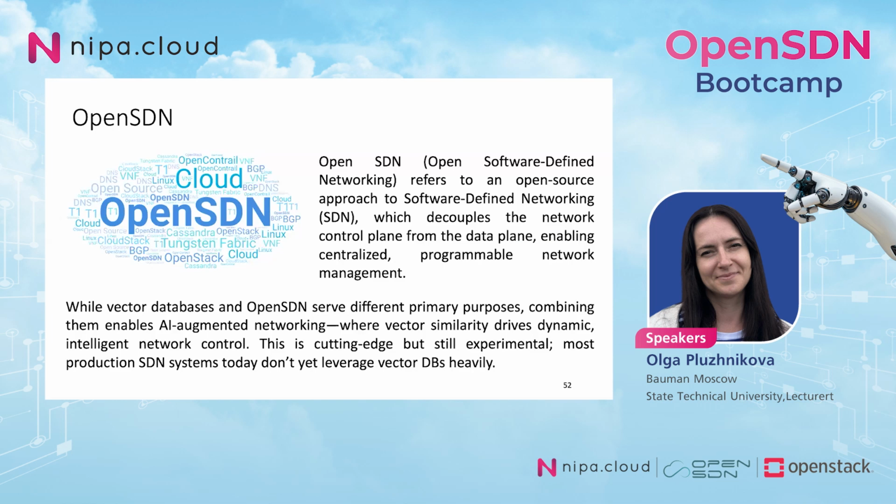And OpenSDN and cloud computing are highly complementary, enabling agile, scalable, and cost-efficient network management in modern cloud environments. So using OpenSDN and cloud, you can get agile, cost-efficient, future-proof networking. If you want full control over cloud networking, multi-cloud consistency, or such innovation, OpenSDN is what you need.